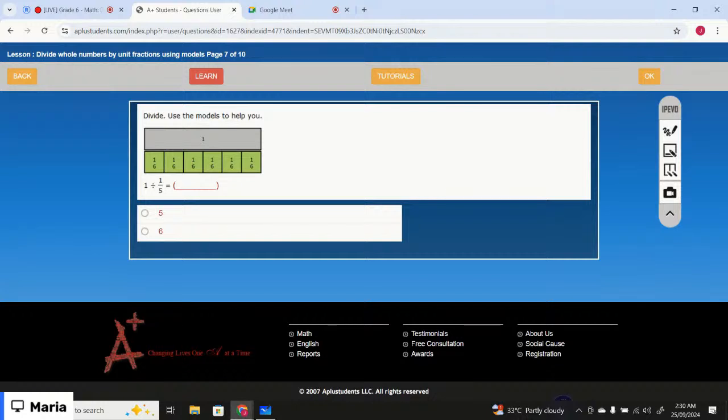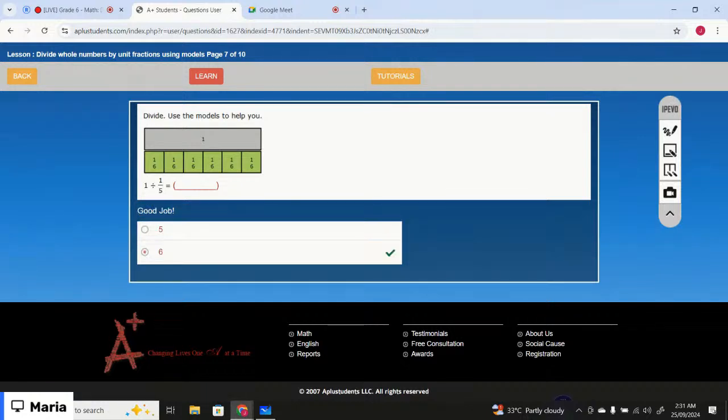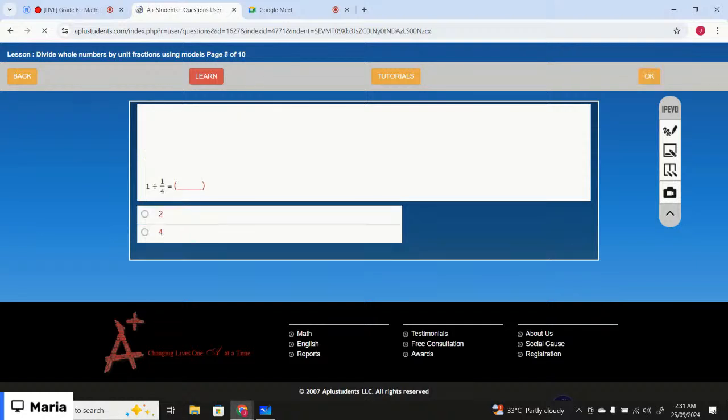So 1 divided by 1 by 6 is, you need to count these pieces. All these pieces together make 1. If you have 1 by 6, 6 pieces together make 1. So the correct option is 6. Basically that is the concept. Why you need to count the boxes, that is actually the concept.